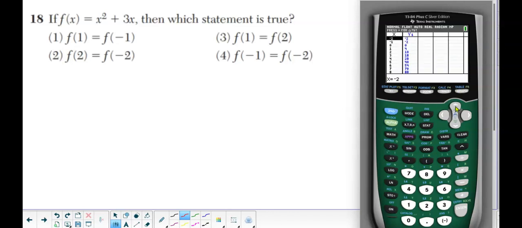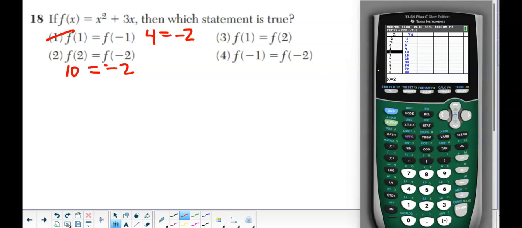So let's see. An input of +1, which is right here, has an output of 4. So this would be 4 for this one. And an input of -1 has an output of -2. So this is not true. Now an input of +2 has an output of 10, and an input of -2 has an output of -2, right?